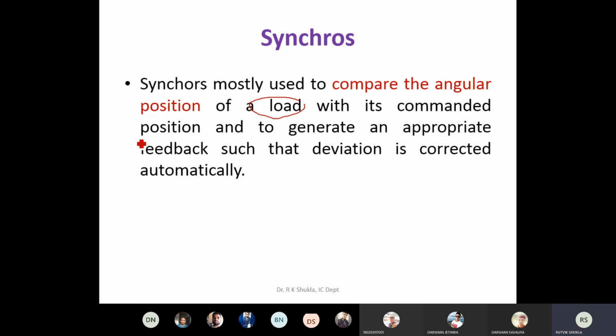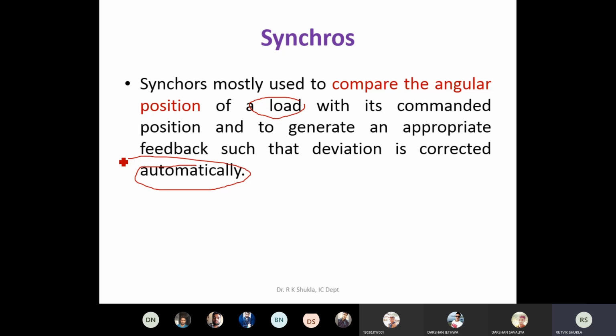Then I am putting another synchro on the input side, which ensures that the output side synchro will move by 30 degrees only. If it is less or more than 30 degrees, the input side synchro will move it again to exactly 30 degrees, and generate an appropriate feedback such that the deviation is corrected automatically. If it was asked to move 30 degrees on the output side but it moves a bit more or less, the input side synchro will somehow bring the output side synchro to 30 degrees.